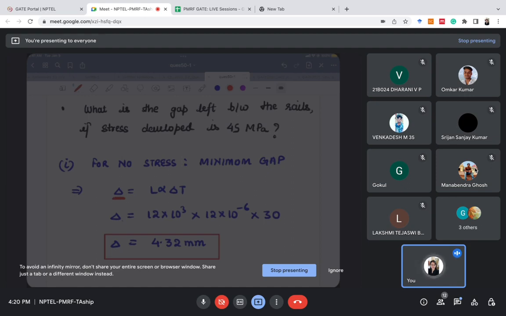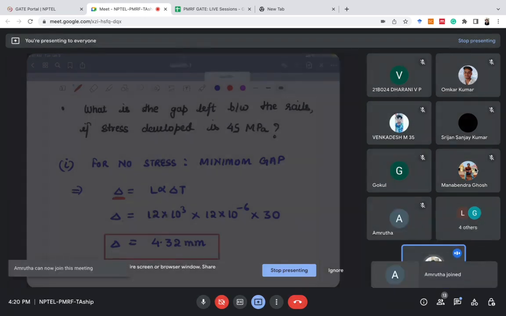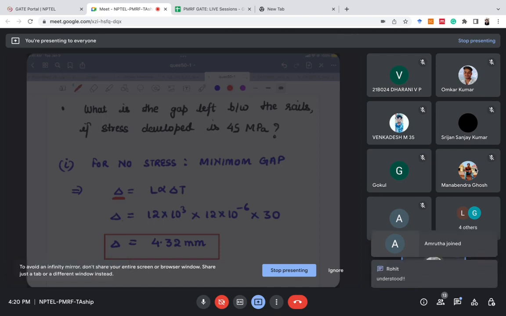So how do we find this delta? You know the formula: the increase in length due to temperature stresses is given by L alpha delta T. I have explained this formula earlier. Then you just have to put in the values. If you keep everything in mm and Newton it would be better.